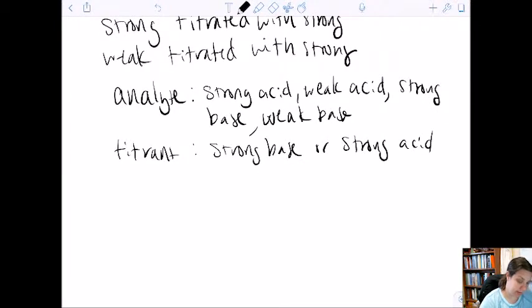But some other things to note: your equivalence point will be different based on whether or not you have a strong or weak analyte.